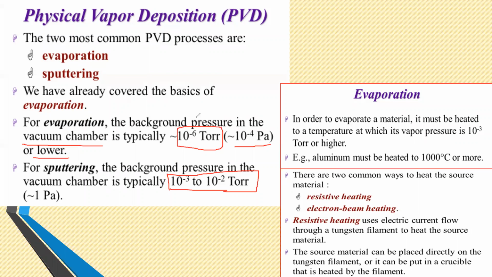If we need to start the thermal evaporation system, we need a vacuum around 10 raised to minus 6 torr, and we can create that vacuum by using a turbo pump or diffusion pump. I will write it here for better understanding: we need a diffusion pump or turbo pump.